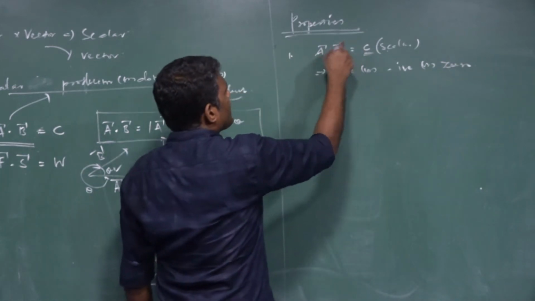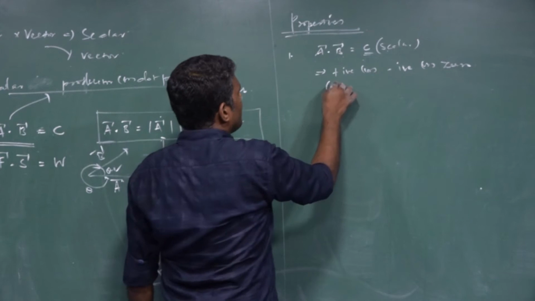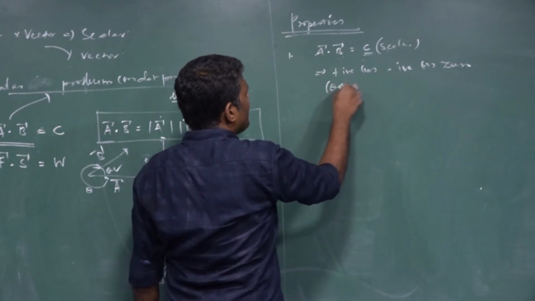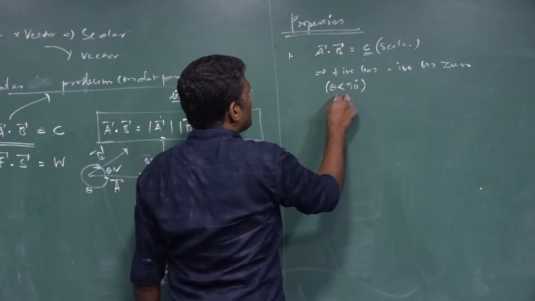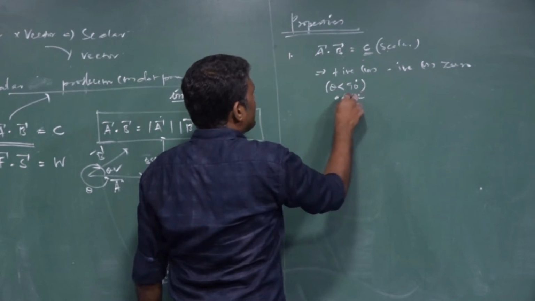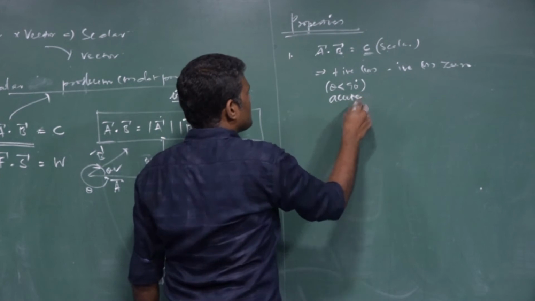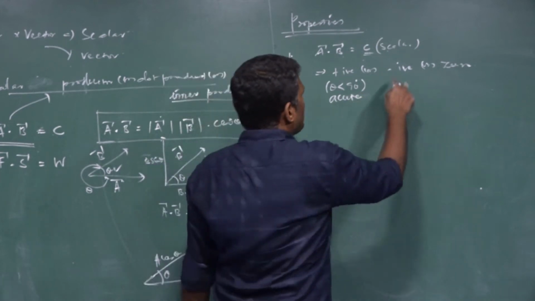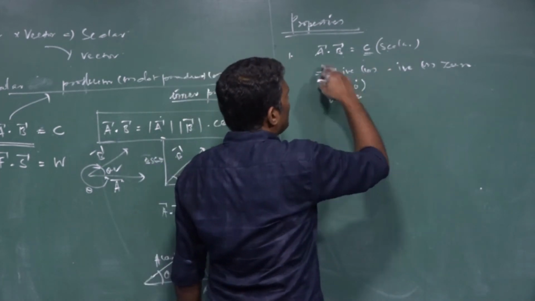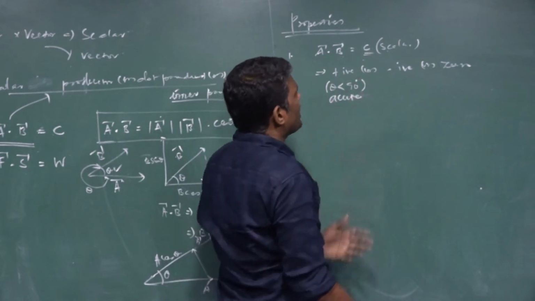When do we say this dot product is positive? When the angle theta between the two vectors is acute, which is less than 90 degrees. When do we say the two vectors will give you a negative value?